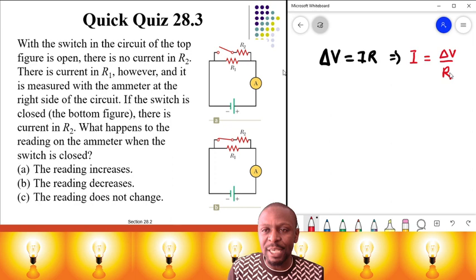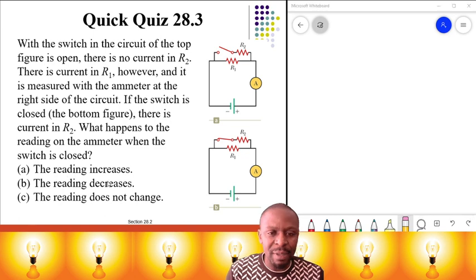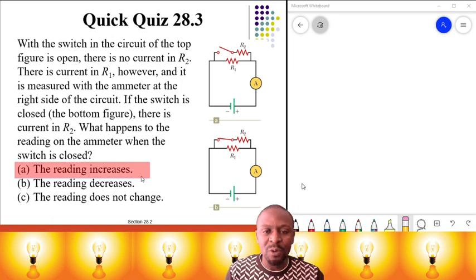As a result, if R becomes low, the current will be high. As a result, the answer for that quick quiz is that the current will increase. Therefore the reading on the ammeter will increase as the current is also increasing.